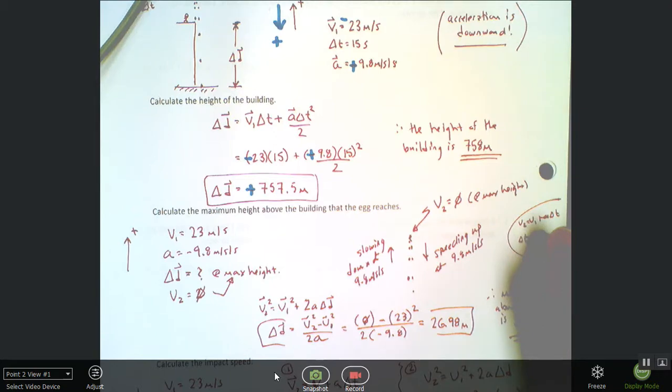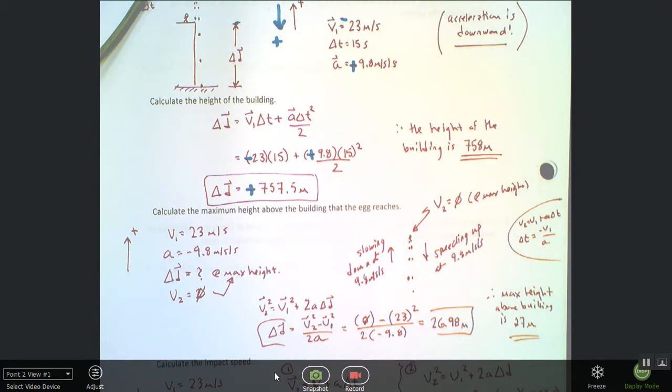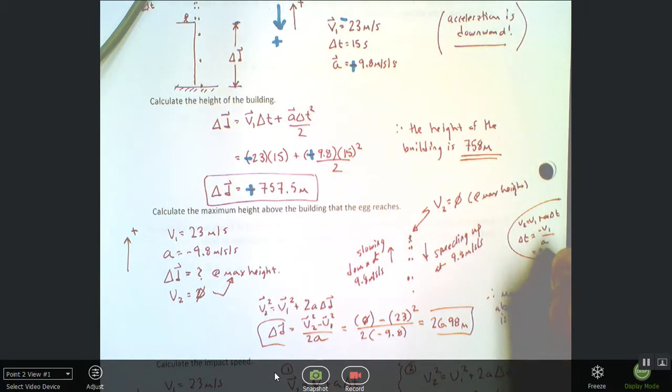So we end up with negative V1 over A, which tells us how long it takes to reach maximum height. If I take negative 23 divided by negative 9.8, you get about 2.35 seconds.